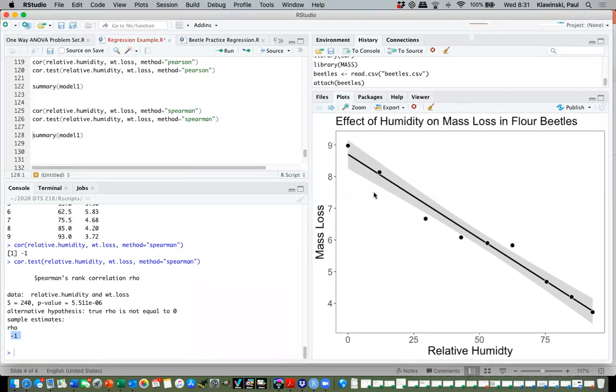Rank of y versus rank of x. And here, they go down in sequence: 9, 8, 7, 6, 5, 4, 3, 2, 1 in the y space, and 0, 1, 2, 3, 4, 5, 6, 7, 8, 9 in the x space.